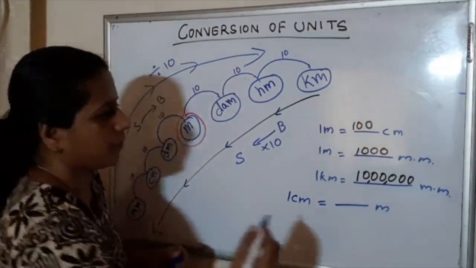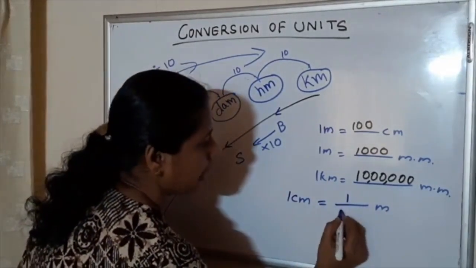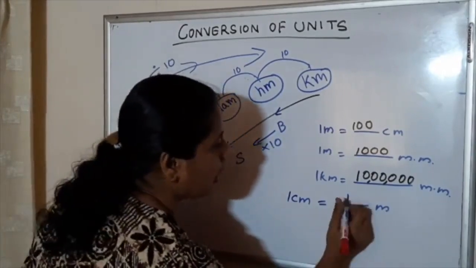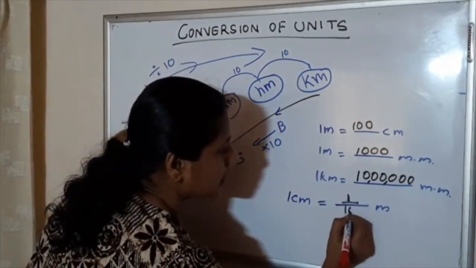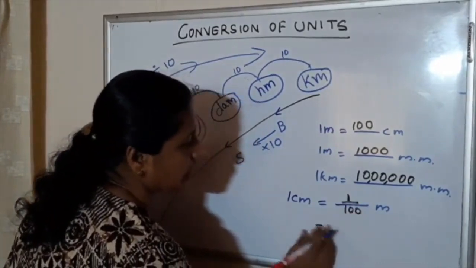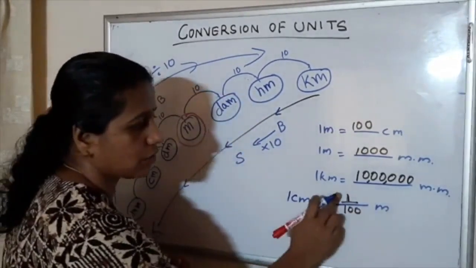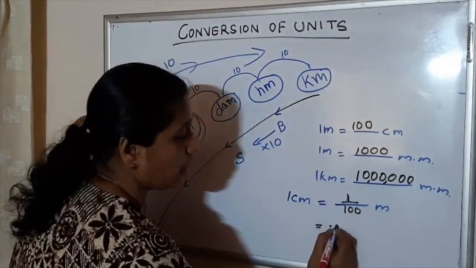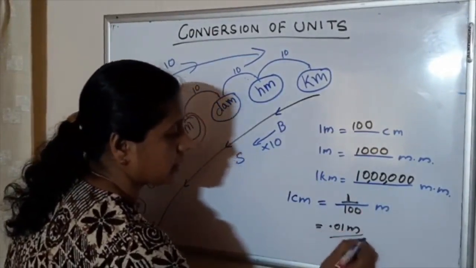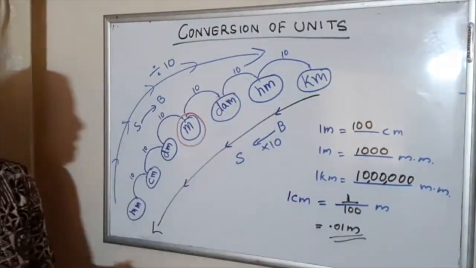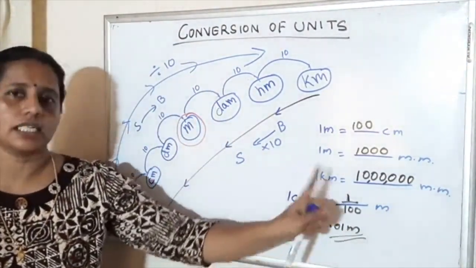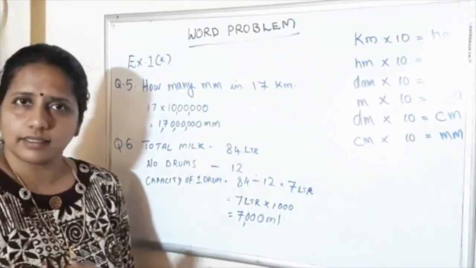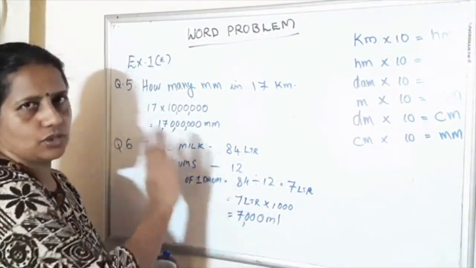So, 1 divided by 100. So our answer is 1 centimeter is equal to 1 by 100 meter, or we can write 0.01 meter. You know already how to convert a fraction into decimal. Okay, clear?